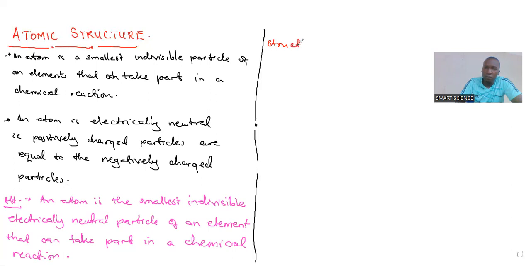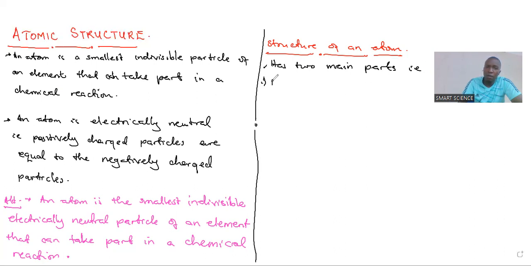Structure of an atom. If you want to understand the real structure of an atom, you're going to find out that it is made up of two main parts, i.e. Roman 1, the nucleus, and Roman 2, energy levels.